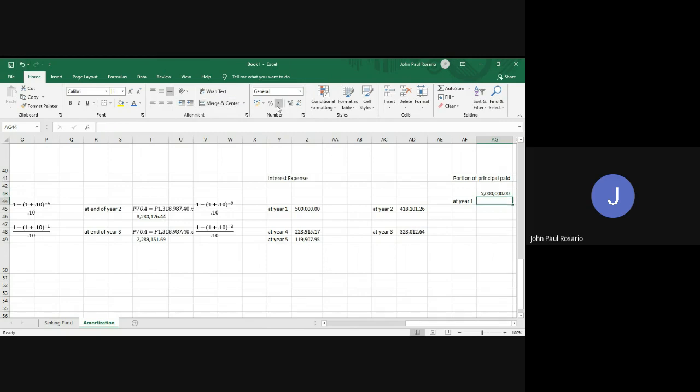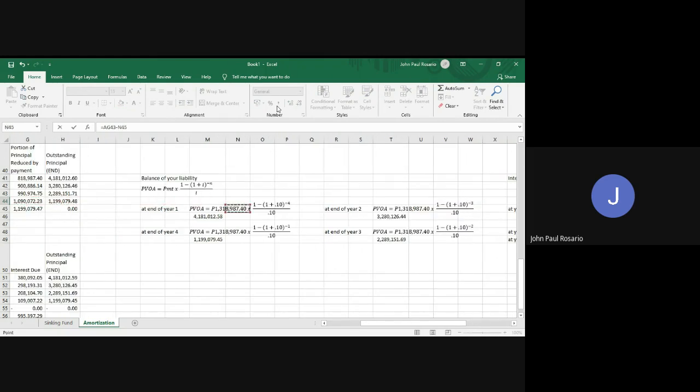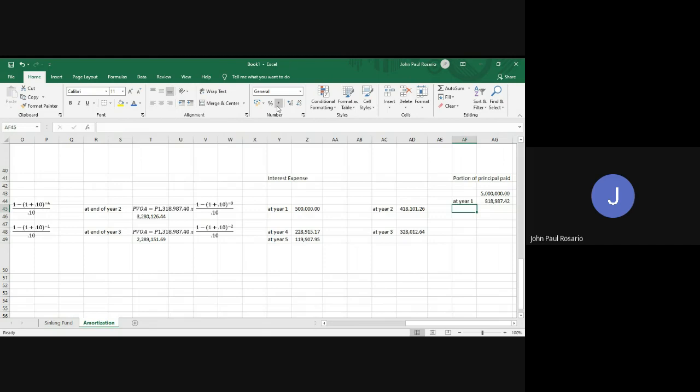Okay, no? So at year 1, 5 million, you deduct from it the present value that you have gotten at the end of year 1. Year 2, so actually you can reestablish the values in the table just by simply using the formula, no?